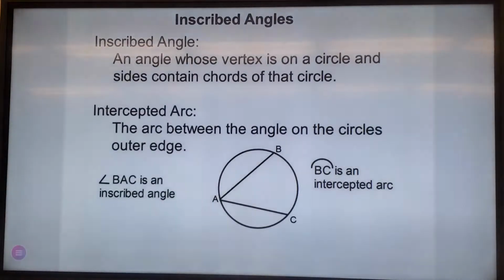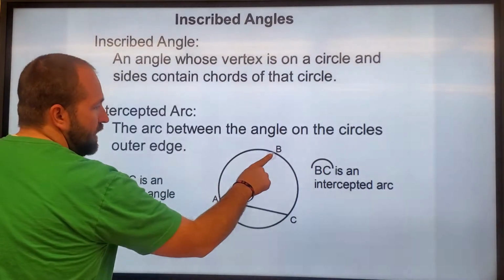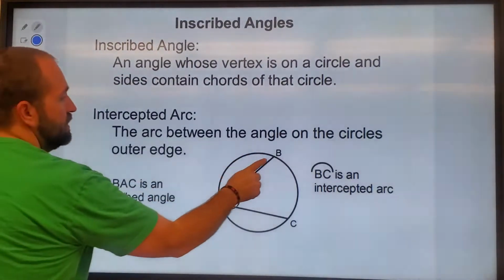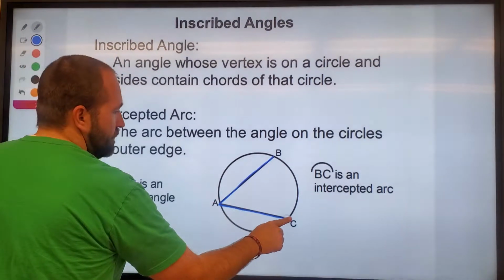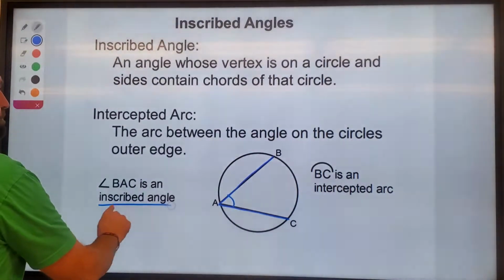We also have a definition of intercepted arc. An intercepted arc is the arc between the two chords that create the inscribed angle. So here, angle BAC, this angle here, is the inscribed angle.